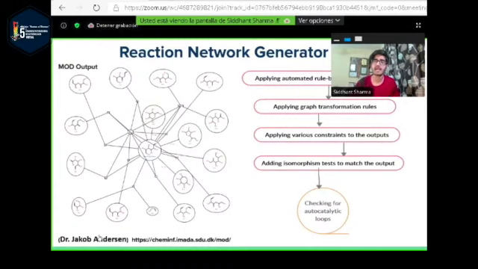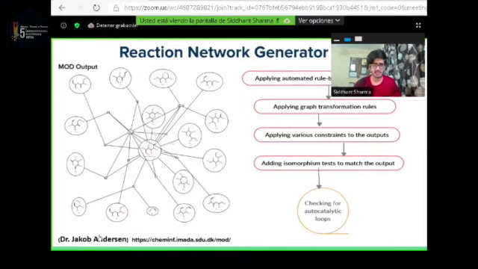That's one thing. It can be used for drug metabolism and biosynthetic pathways. It can be used in origins of life, cheminformatics, chemical drugs. So it has a lot of options. We are looking at how life originated from simple molecules combining and reacting with each other, forming a lot of other molecules, and forming life as we know it now. So we used an automatic rule-based generator, that is MOD.